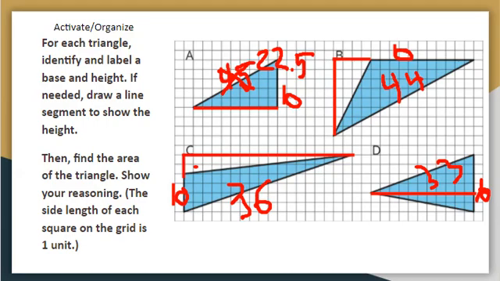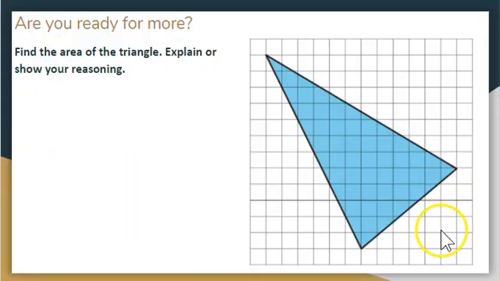Once you look at this one final one here, this one's a little trickier, isn't it? What would you do for an area here? Yeah, well, it's difficult to see a base and a height on this one, isn't it? So for this one, you're going to have to think about a couple different things. You're going to have to think about how that perpendicular line is going to come off of there.